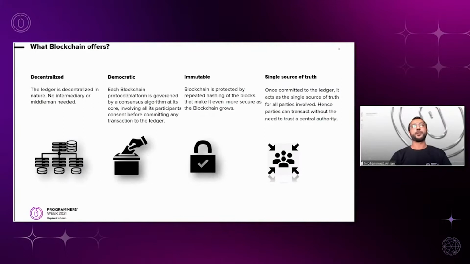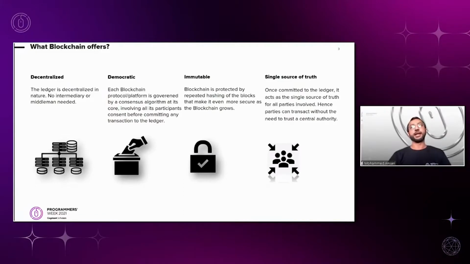So first of all, let us understand what a blockchain is. Now, essentially, blockchain is a database. And it offers some features that make it different from other databases, the normal ones. Blockchain is a decentralized, shared, immutable ledger that facilitates the process of recording transactions and tracking assets in a business network.